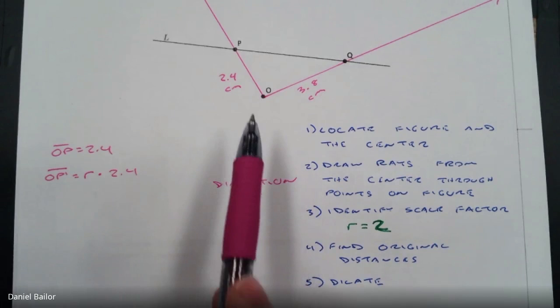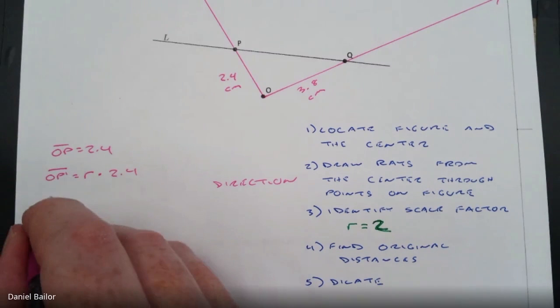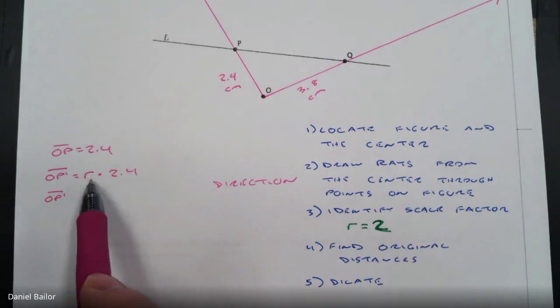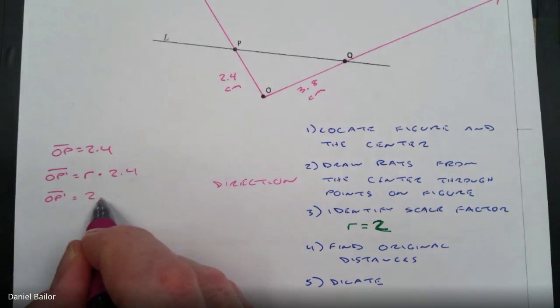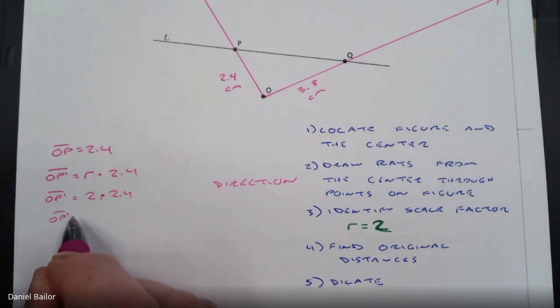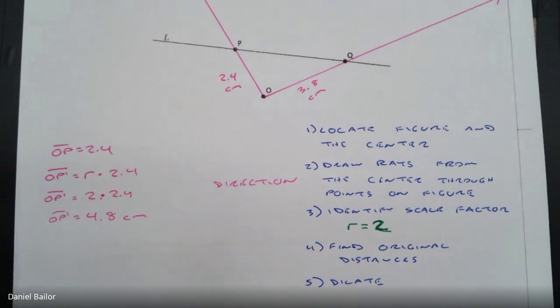The original was 2.4. The new one, prime, is going to be the scale factor times 2.4, which is 2 times 2.4. So OP prime is going to be 4.8 centimeters. So that's where the new one is going to be.